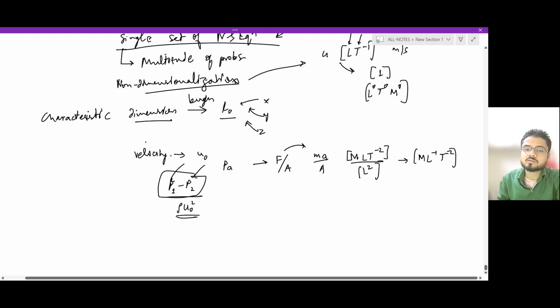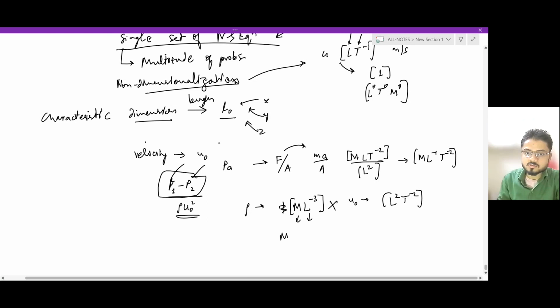Now, this part is mass density, that is M L^-3, so this is one upon volume, and this is for the mass. And in the case of U naught squared, this becomes L^2 T^-2, because time comes in the denominator. Now multiply both of them, and you get M L^-1 T^-2.